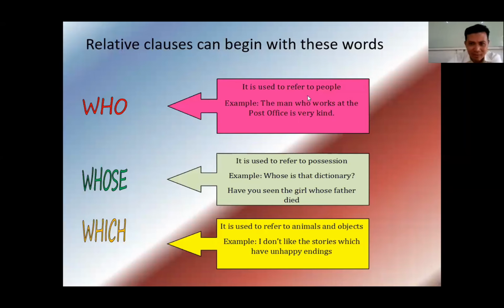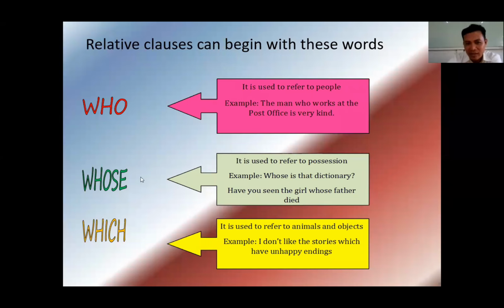Because who is a subject, the suitable relative pronoun for this sentence is who, because who here replaces the subject. How do you know the sentence needs a subject? Because we have works here as a verb. A verb is always preceded by a subject. Before the verb is always a subject, and after the subject is always a verb or predicate.